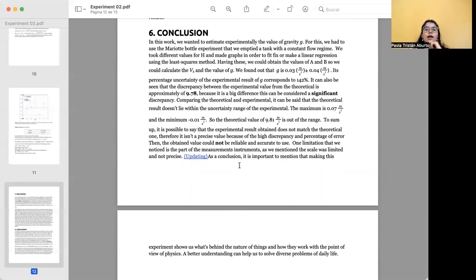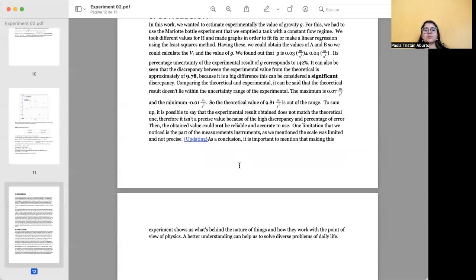And also, taking these two values, it can be said that the theoretical one does not lie within the uncertainty range that we obtained of our experimental, because the maximum of our experimental is 0.007 and the minimum is minus 0.01. So the theoretical value is out of the range.